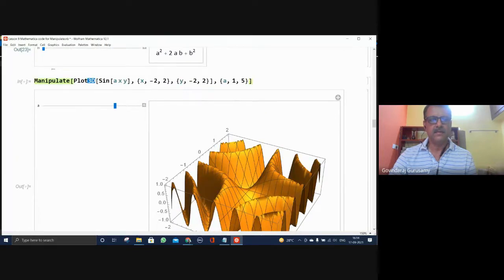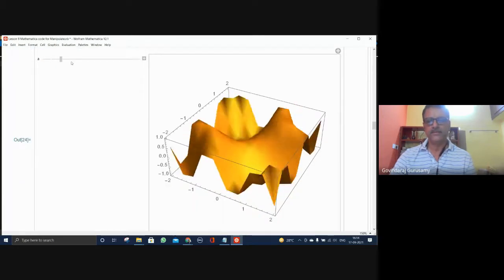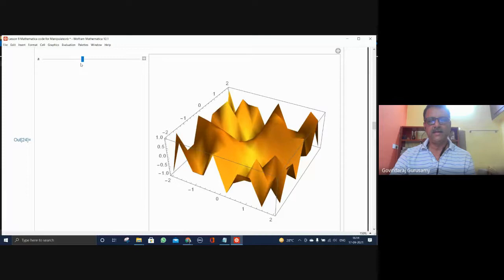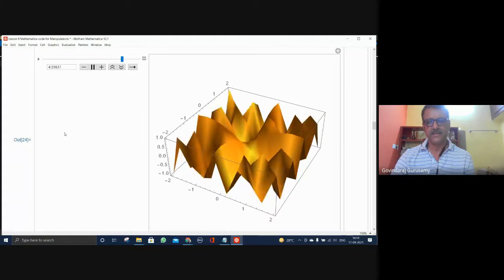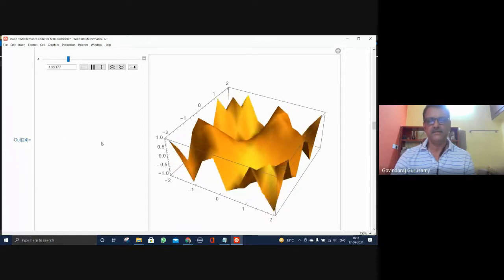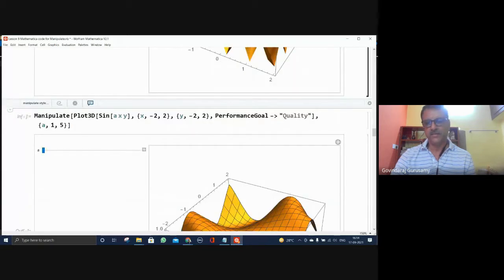Continuing, we can see when I animate it, I don't see the meshes on this surface. What are we supposed to do to get the performance goal, quality? I do that, and the same function will appear like this.